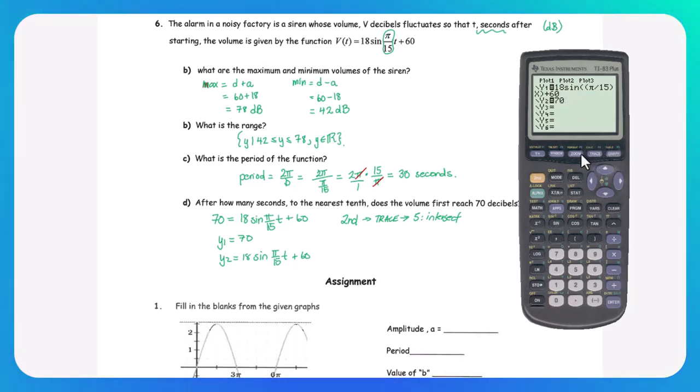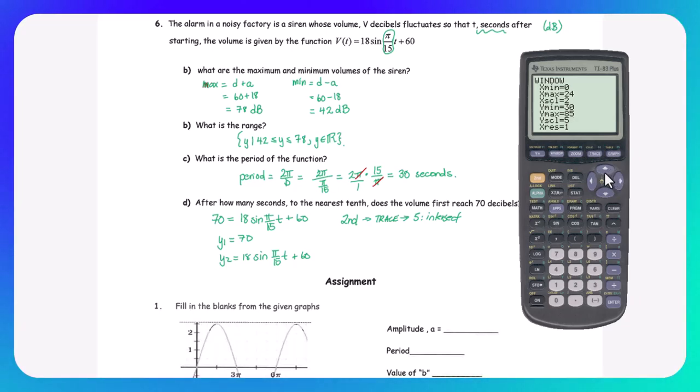Now, in this one here, we've got to go back to our range to look at minimums and maximums. Notice this went from 42 to 78. I'm not going to go to 0 for this one. I'm going to go to 30, and I'm going to go to 85 here, and I'm going to make this scale go up by 5s.